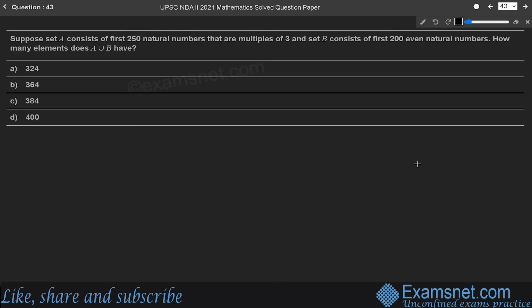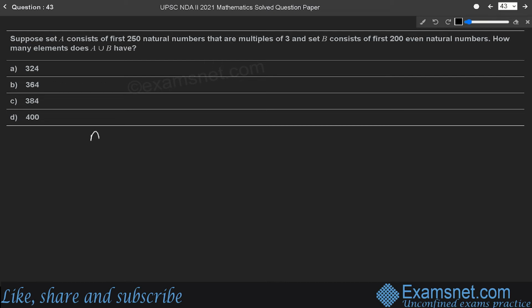Next question is, suppose set A consists of the first 250 natural numbers that are multiples of 3 and set B consists of the first 200 even natural numbers. How many elements does A union B have? According to the question, A consists of the first 250 natural numbers that are multiples of 3.